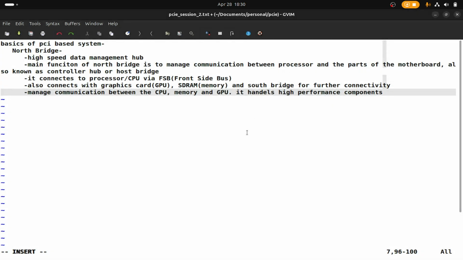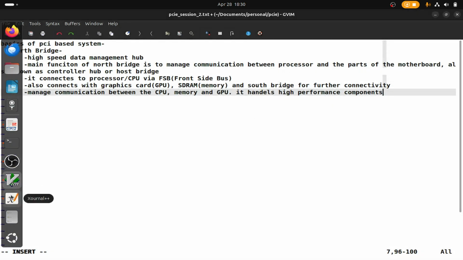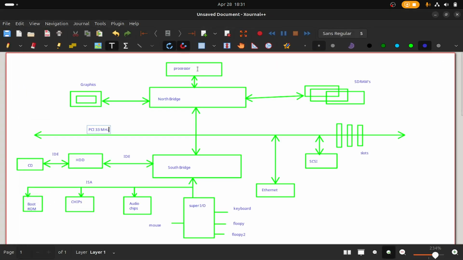Fine. So let's understand the diagram. Here you can see, guys, that is the processor, or we can say the CPU. That is the North Bridge, right? As I mentioned in the first point, it is a high speed data management hub. All the things are connected over here, whether the processor, CPU, graphics card, or HDRAM, they all are very high speed devices.